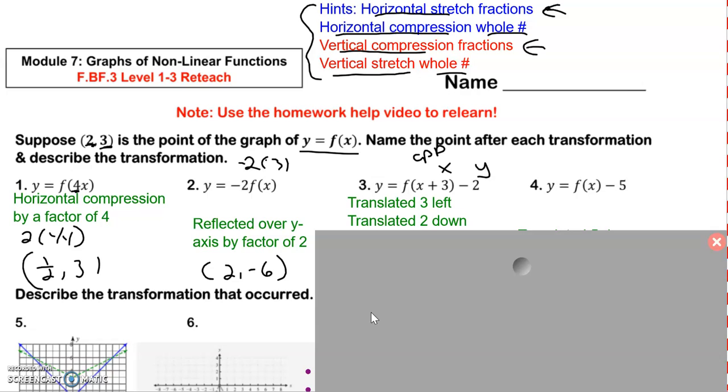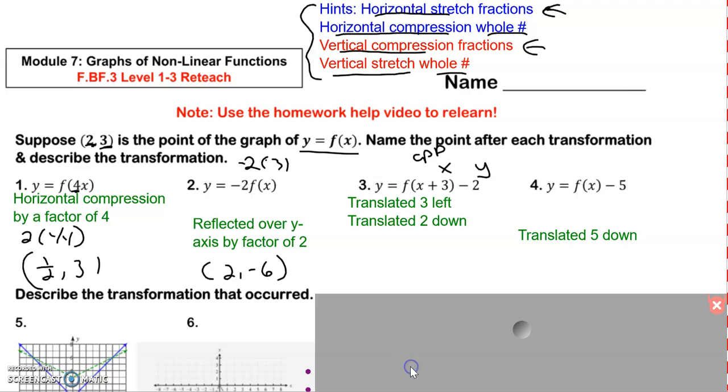And this one is just a translation of 5 units down. And for this one, if I'm going to move it, my answer would be (-1, 1). And my answer for this one, by just moving the translation over, would be (2, -2).